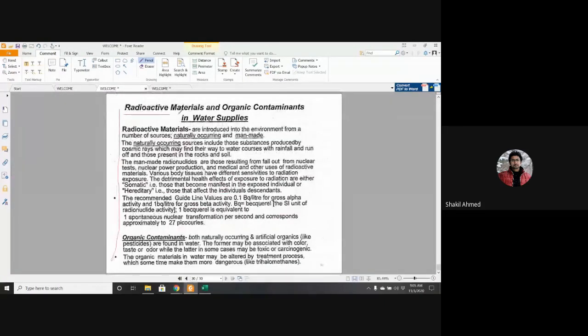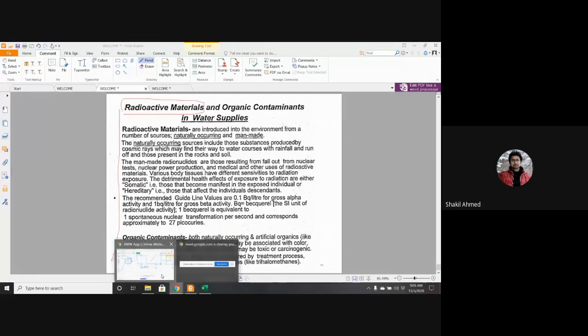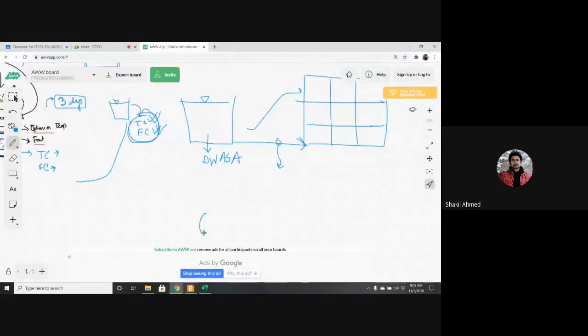Now, the next topic is radioactive material. In our environment, there are some materials which radiate, and this radiation is dangerous.